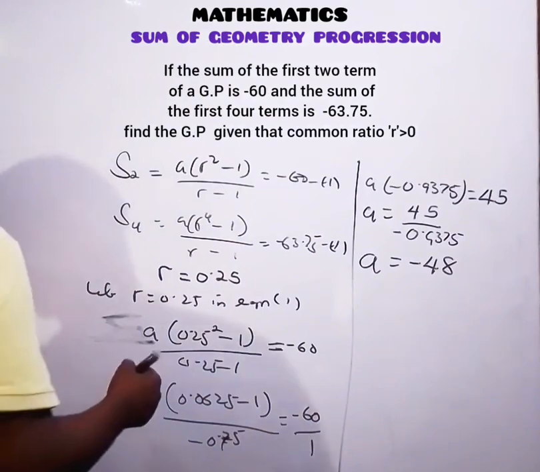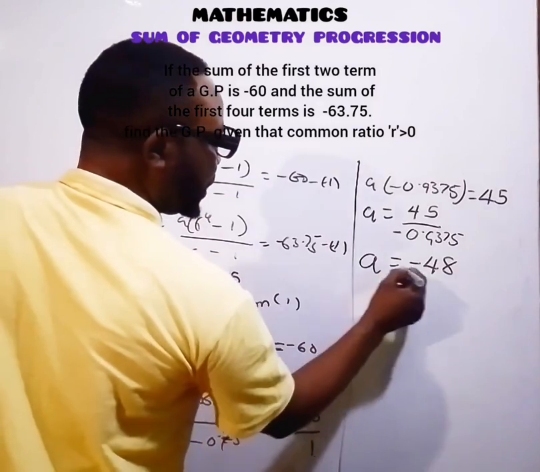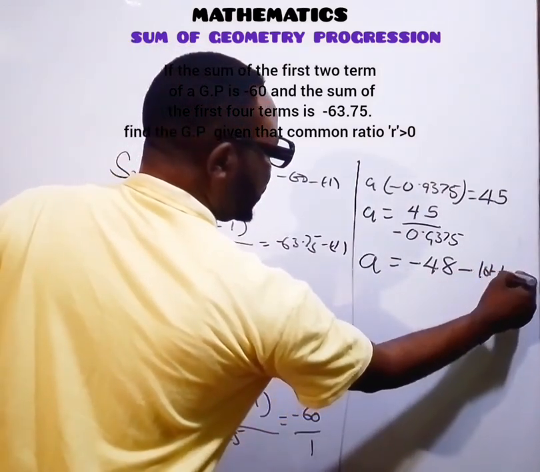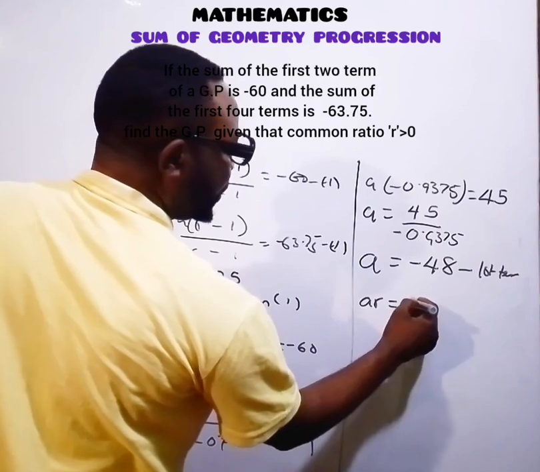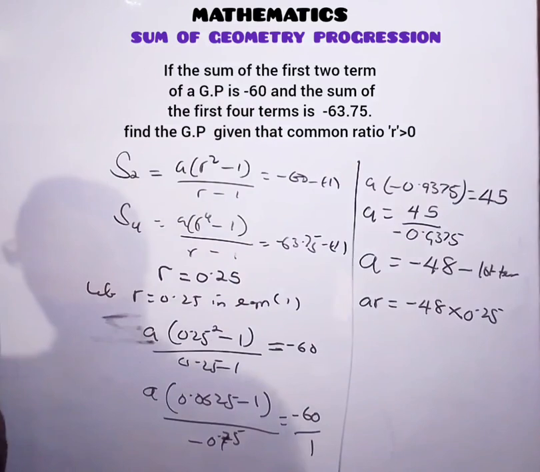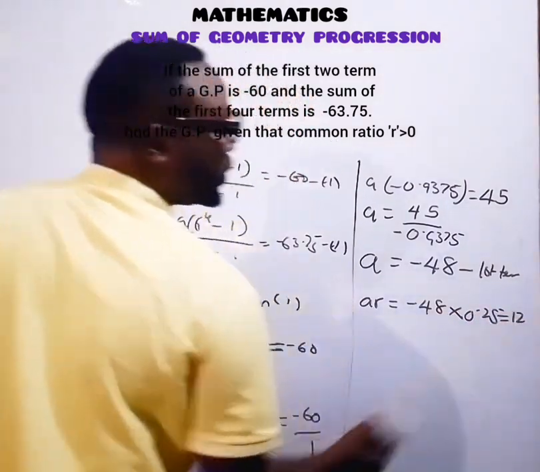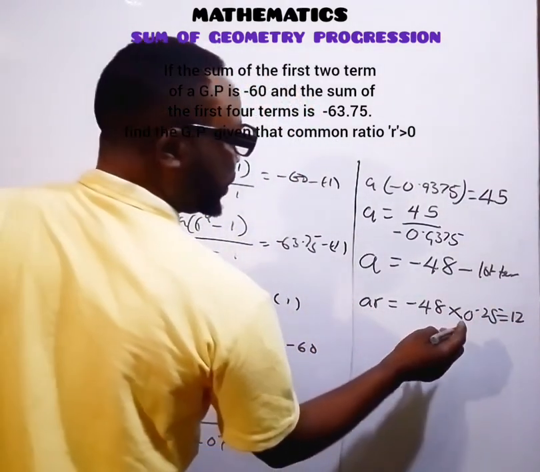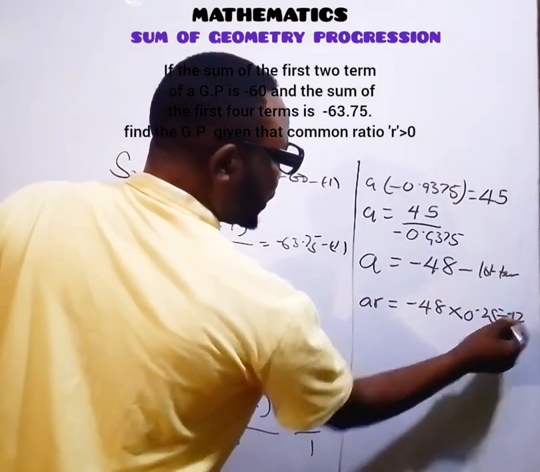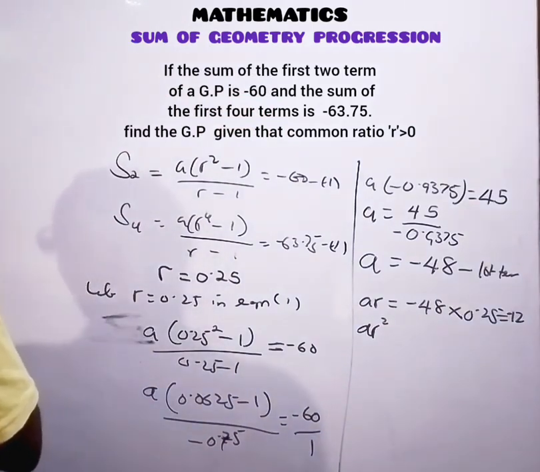So having known the value of our common ratio as 0.25, we can say that this is the first term. ar will be equal to minus 48 multiplied by 0.25.